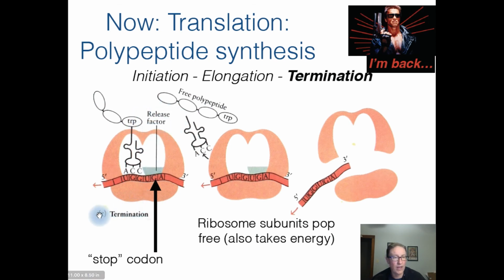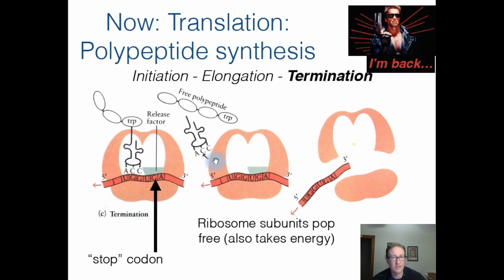And so when the ribosome arrives at one of those stop codons, instead of having a tRNA come in and recognize and add another amino acid, a release factor enters instead. Then as the ribosome moves further along the mRNA, the last tRNA will be released.